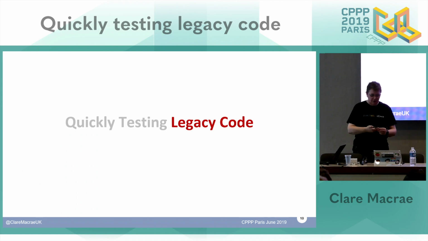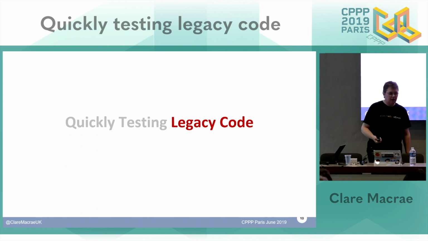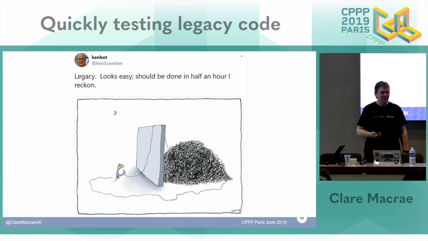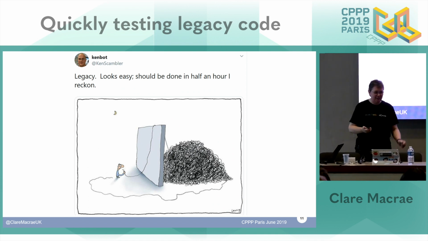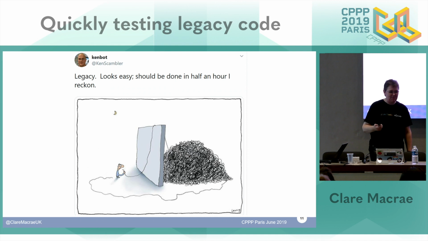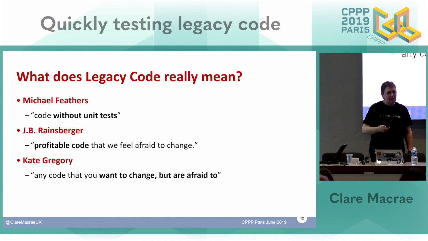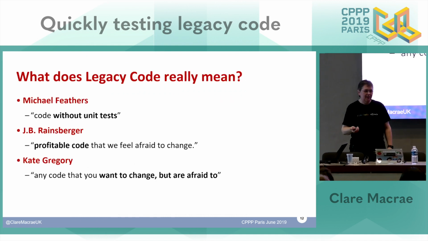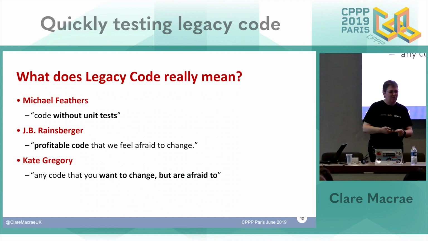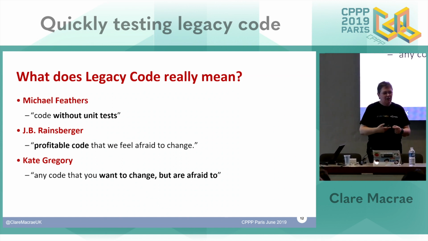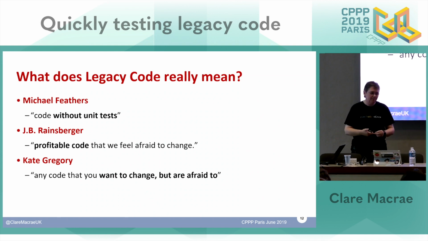But let's talk about legacy code for a few minutes and what I mean by that. I love this cartoon. Legacy, looks easy, should be done in half an hour, I reckon. One little piece of string, how hard can it be? But what does legacy code mean? It means different things to different people. The most famous definition, I think, is Michael Feathers': code without unit tests.